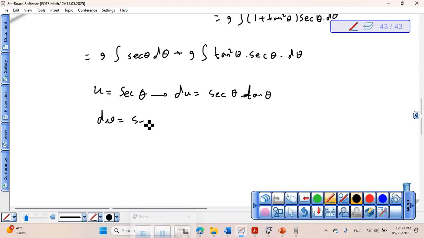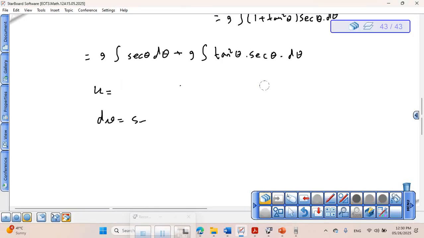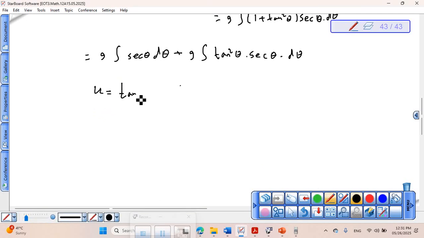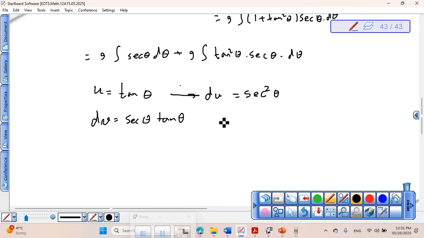Sorry, I think here u equals tan theta, or dv equals sec theta tan theta. Good. Then du equals sec square theta, and v, the integration, is sec theta. Everything is ready now.